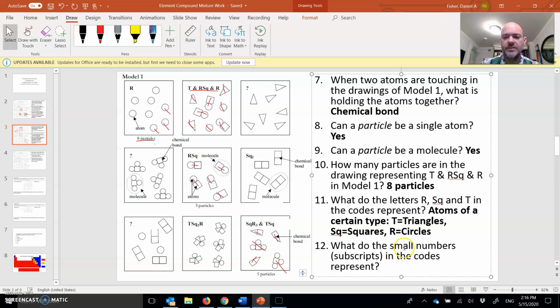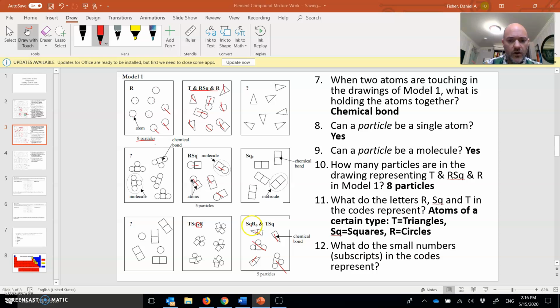All right, what do the small numbers, subscripts, in the code represent? So subscript means when you take a number and you lower it. You make it smaller or lower in place. So like this SQ2 right here, or like this R3 right here. Many of you are familiar with the formula H2O, and if you see that written chemically, scientifically, there's usually a capital H and then a little 2 and then an O. So what do these things represent?